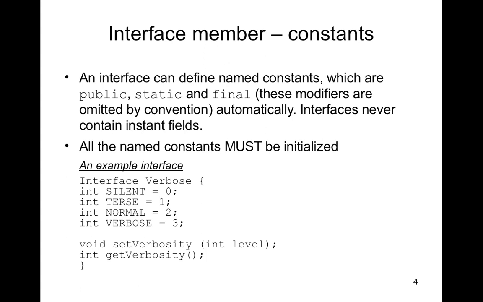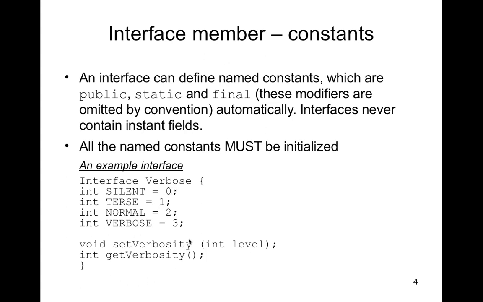And in the template of behavior that we're going to give it, we might need something like pi or something like silence or terse or normal, something that's going to be used inside of it in terms of the implementation. If we're doing that, we're going to create named constants. So all of the named constants must be initialized. So we have to say that silence is 0, terse is 1, normal is 2, verbose is 3, as an example.